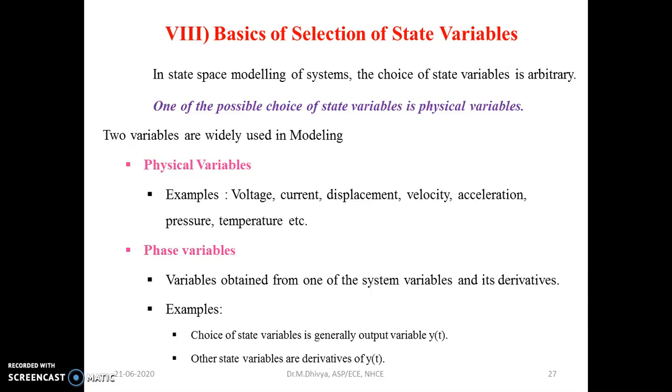The choice of the state variables is generally the output variables. For example, if we take a control system where we want to monitor the temperature of a room, the output will be the temperature of the room.